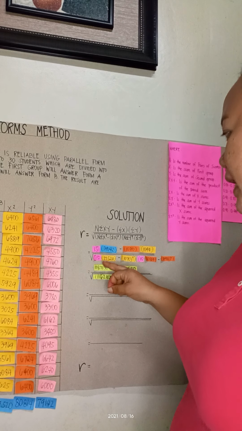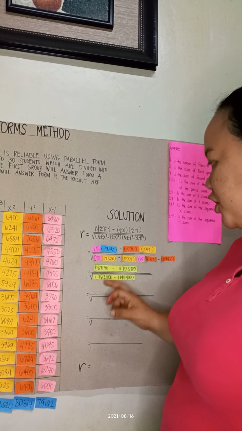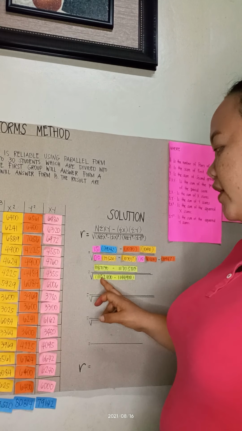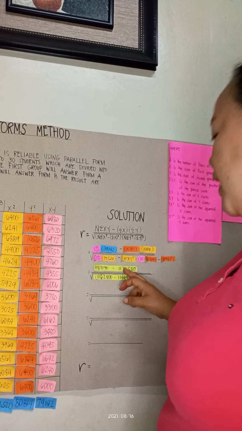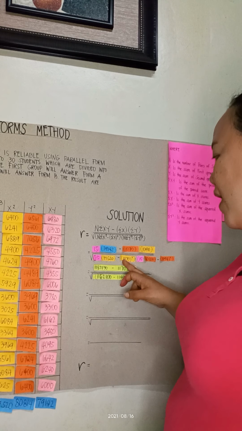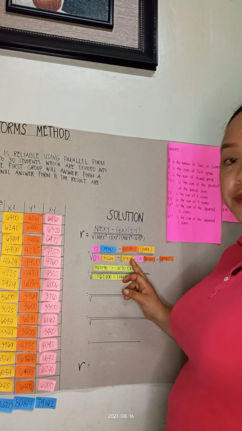So 15 times 77,520 is 1,162,800, minus 1,070 squared.